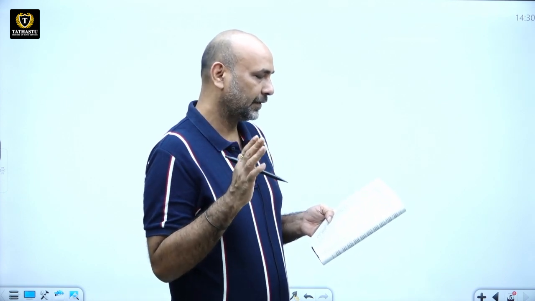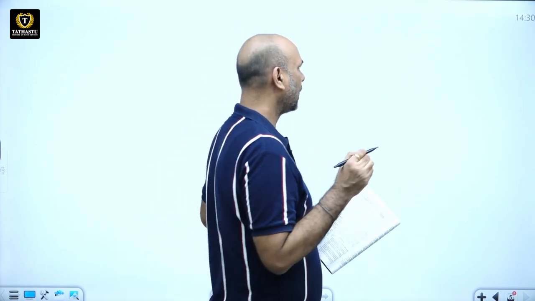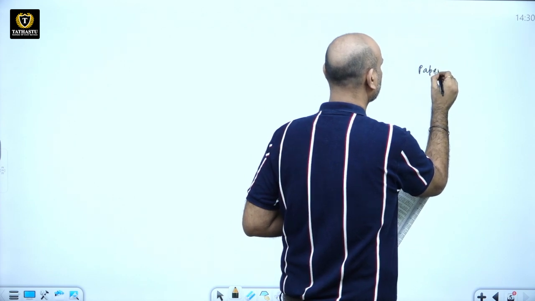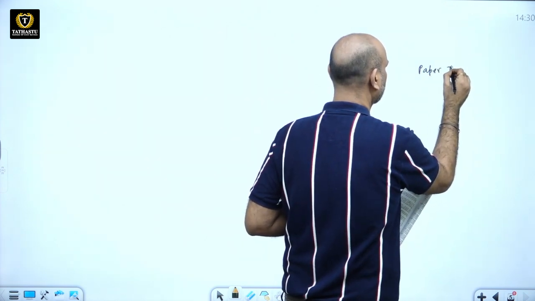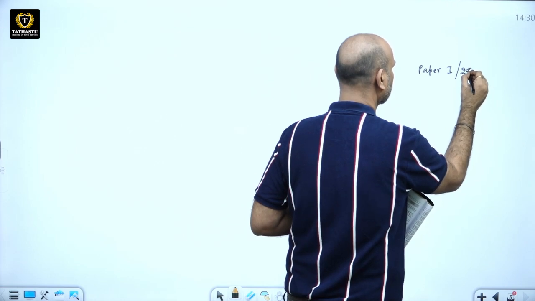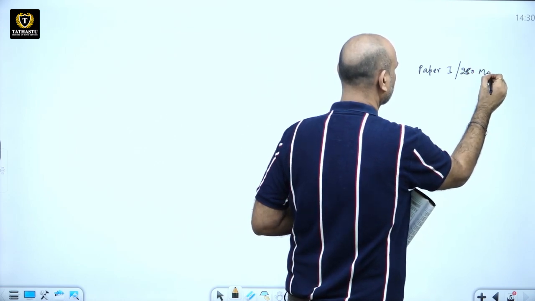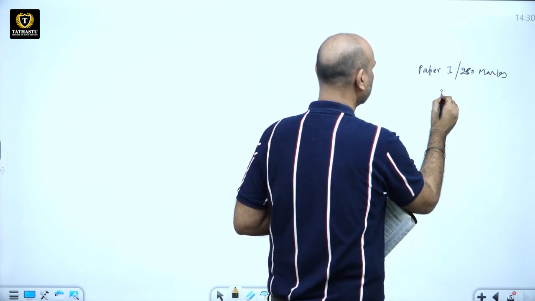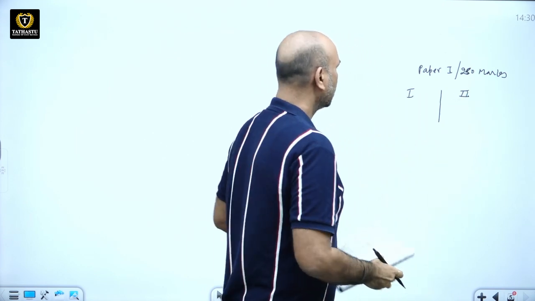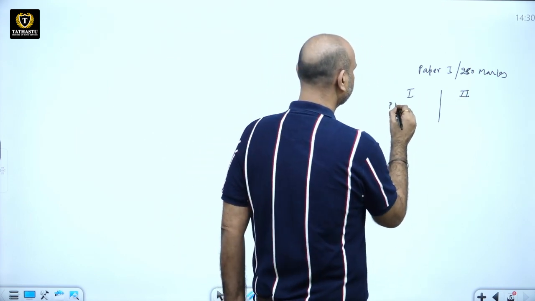The first instruction is there: there are 8 questions divided into 2 sections. I have already taught you in paper first, which is of 250 marks. We have 2 sections, first and second. First is on physical geography.